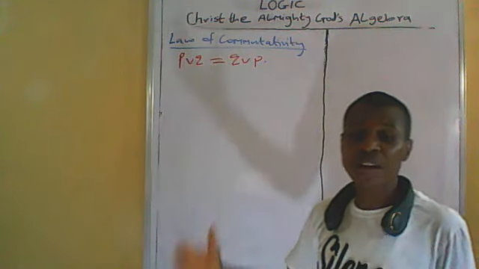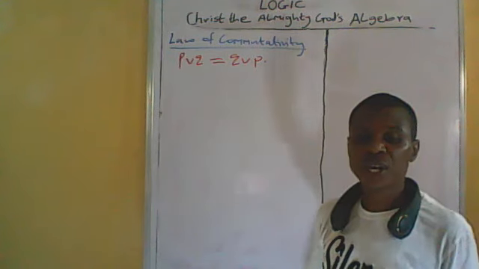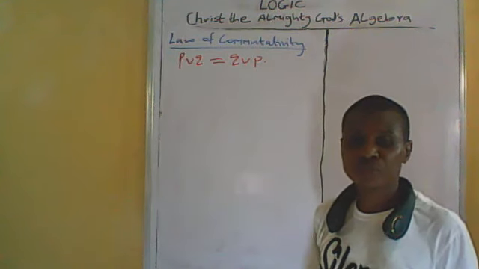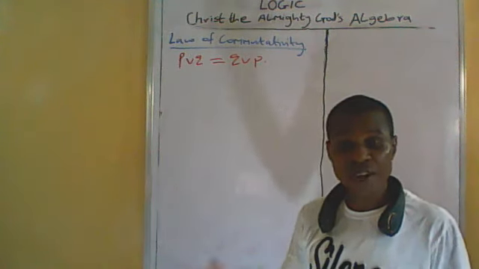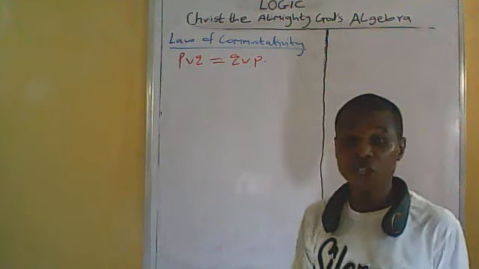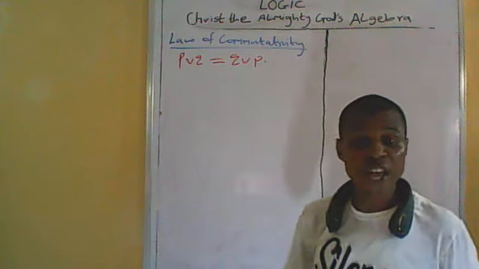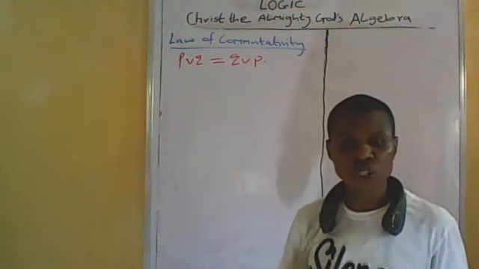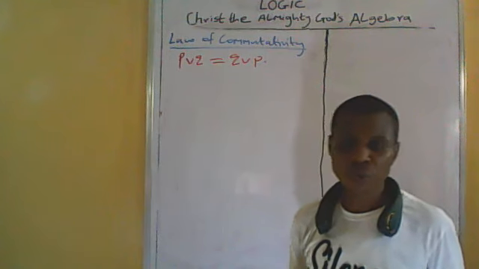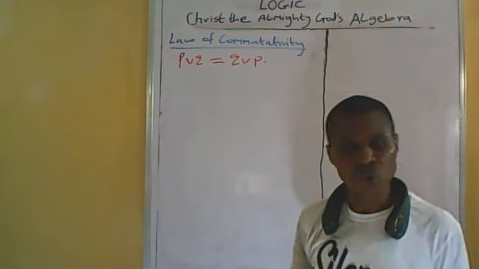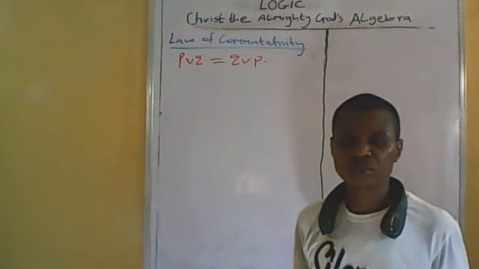That means there is an interchange between P and Q, but it preserves equivalence. It is a law. It preserves equivalence because whenever P or Q is true, Q or P is also true. Whenever Q or P is false, P or Q is also false.